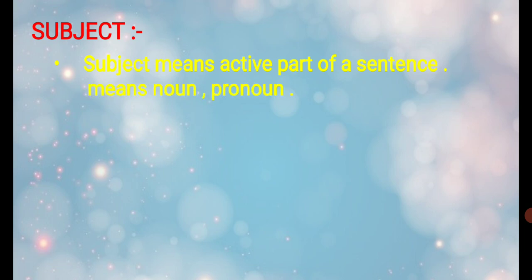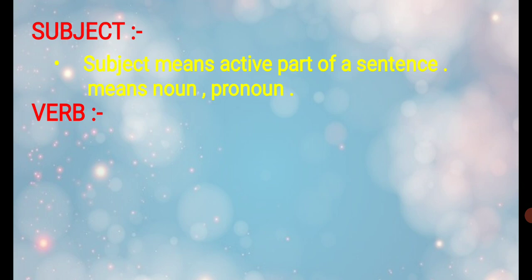It means that it is the name of a noun, a name of a person, place, animal, or thing, or it is a pronoun. So it is called the subject. It is the doer part, the doing part of the sentence, and it is called the subject of the sentence.